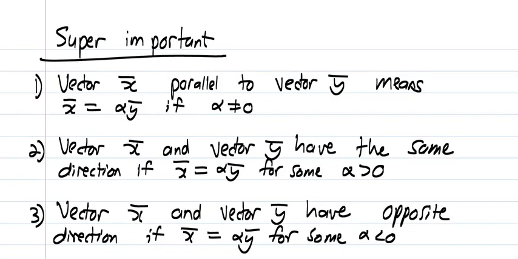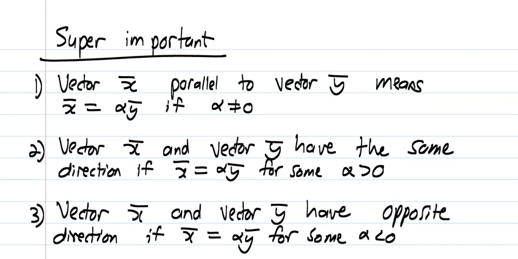But what I do want to focus on in this video, so if you were sleeping, please pay attention now. This is super important. All right? What do some sentences mean? For example, what does a sentence mean when we say vector x is parallel to vector y? Well, it means that vector x is alpha times vector y, where alpha is non-zero.